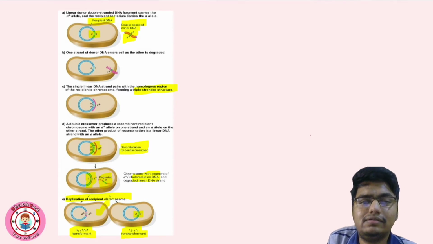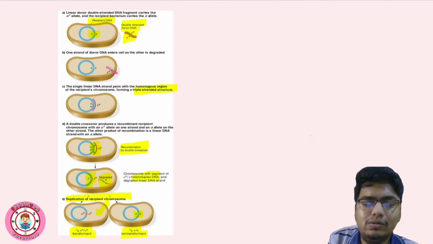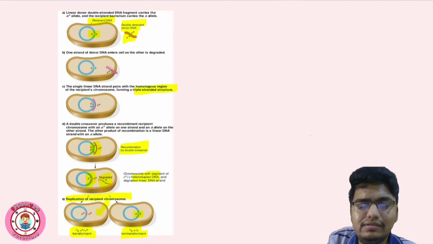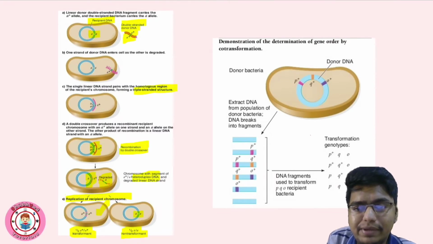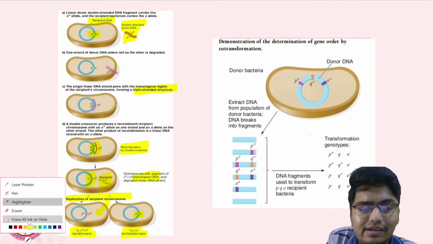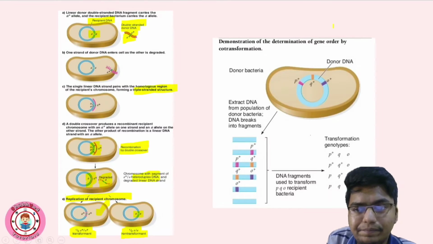What is the application of transformation? Why do we do these things? First of all, these techniques, conjugation, transformation, and transduction, are used for genetic mapping in bacteria. So we can understand the gene order by co-transformation.